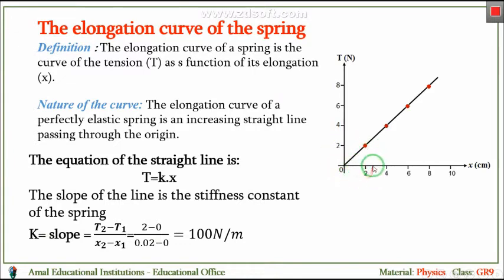It must be noted that the elongation x must be converted from centimeter into meter by dividing this number 2 by 100, so that the slope, which is equal to the stiffness constant, will be (2 minus 0) divided by (0.02 minus 0), which gives us that the stiffness constant of the spring is equal to 100 Newton per meter, which is the SI unit of the stiffness constant.